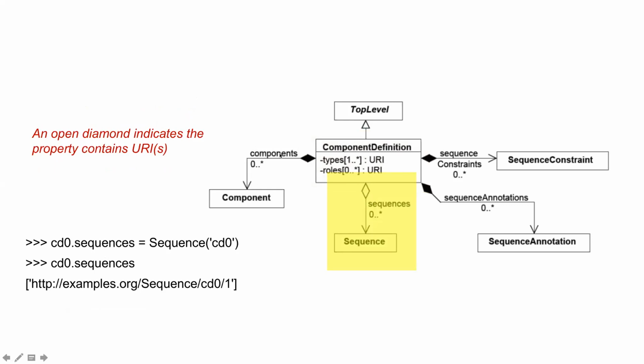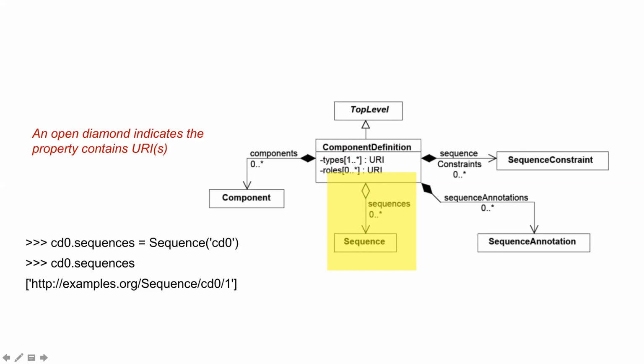These two types of attributes are represented either by the closed diamond arrow or the open diamond arrow. An open diamond arrow is a reference to another object, but that reference is by way of a URI. Here I've set the cd0.sequences attribute and initialized it to point at a sequence object.